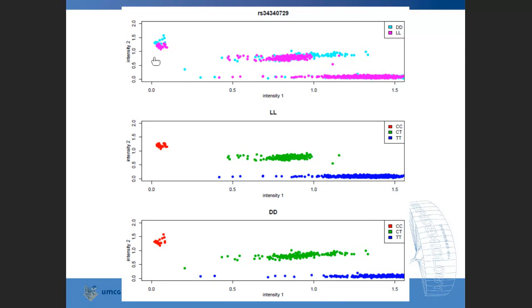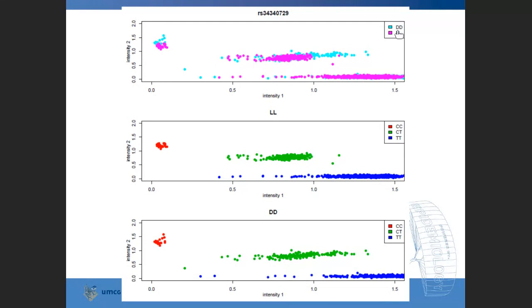Here is a cluster that has no fluorescence intensity for one probe but does for another, so these are homozygotes for one allele. These are heterozygotes, and these are the homozygotes for the other allele.